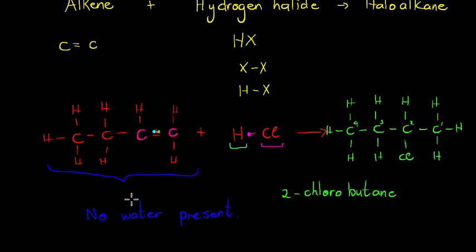It will produce an alcohol instead of the haloalkane that we're desiring. So that's the only condition that we're going to look at. Again, this process is much more complicated than just adding hydrochloric acid and the alkene together somehow. It's a whole process, but the important reaction condition to understand here is that no water must be present.